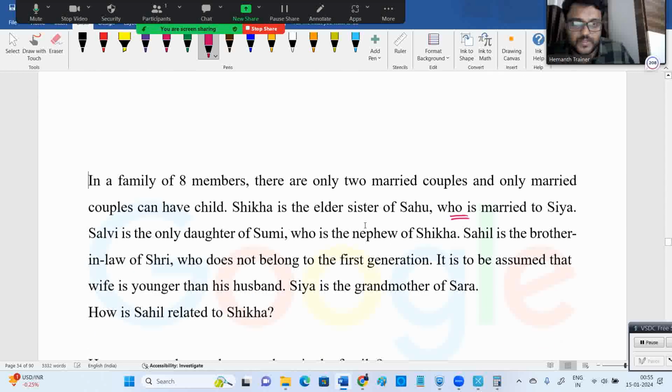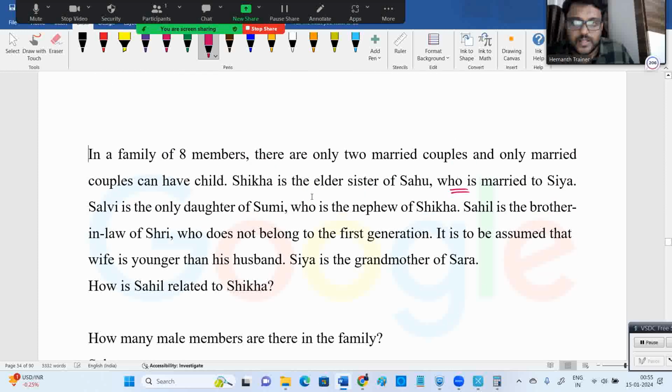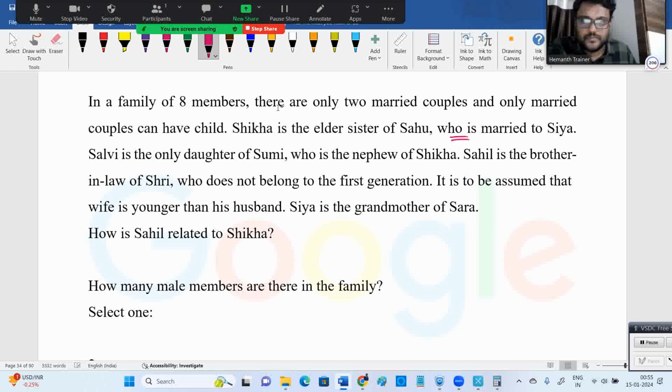Only two married couples in the family. Fine, Sahu is married to Sia. Shika is the elder sister of Sahu, so maybe Shika has many sisters. Elder sister is Sahu.